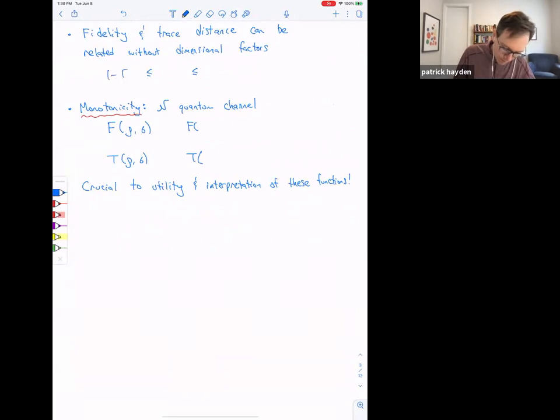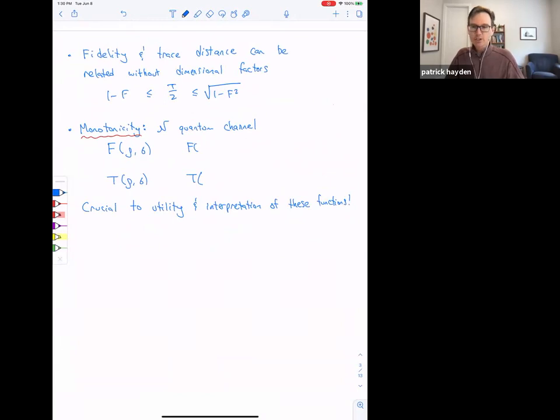Why not? 1 minus F is less than or equal to trace distance over 2, which is less than or equal to the square root of 1 minus fidelity squared. And in particular, there are no dimensional factors in these inequalities. So it's really just a true statement. If you're close in the fidelity sense, you're close in the trace distance sense, and vice versa.